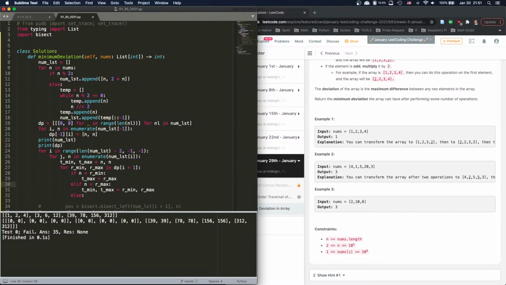So actually, we're going to put it here, so it'll be n is larger than r max, then P min equals r min. And we go through each one of them, then we need to update, right?